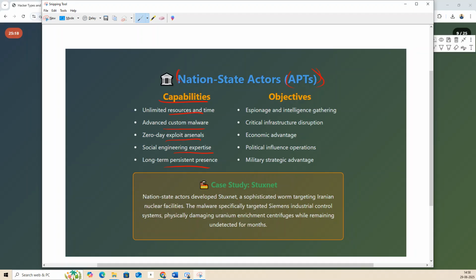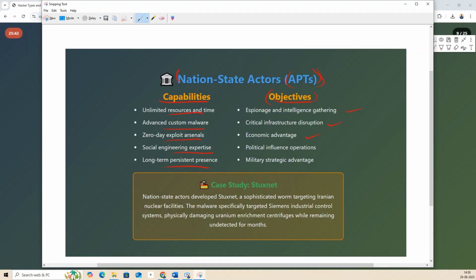What are they trying to achieve here? What would be the objectives for nation state actors? Espionage and intelligence gathering: stealing state secrets, military plans, diplomatic communications. Critical infrastructure disruption: they want the ability to turn off your power grid or ground your aircraft.